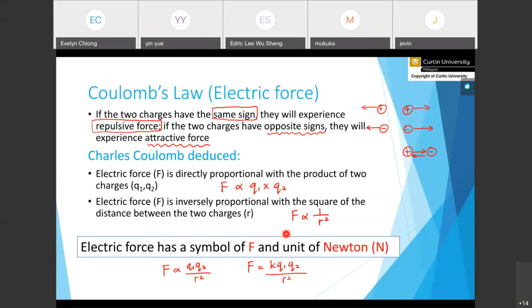This K is not what you have learned previously under the ideal gas law, where the small letter k is Boltzmann's constant. This one is related to electrostatics, so this is another K. Electric force has the symbol F, and the unit for force is Newton.